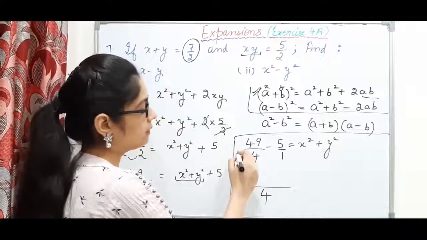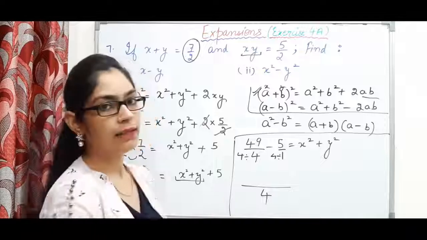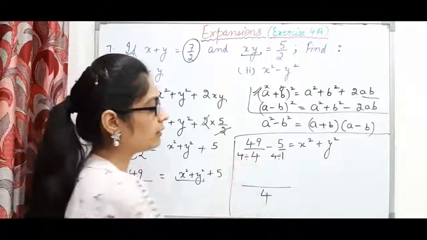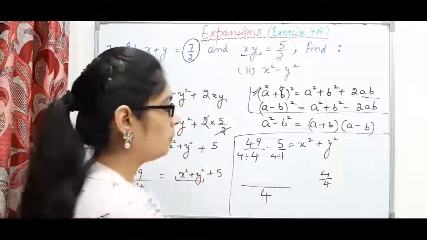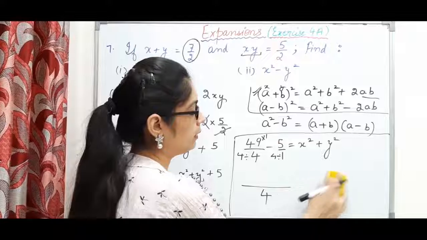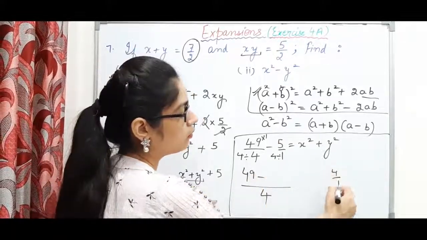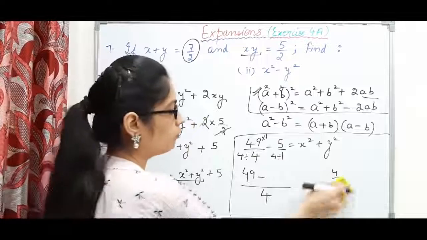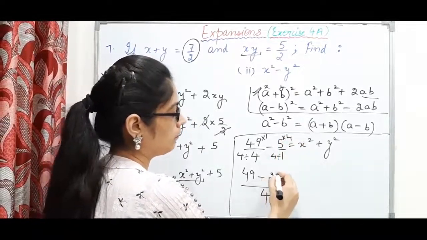After finding the LCM, you can divide the LCM by the denominators and multiply its answer with the numerator. So 4 divided by 4 is 1, and with 1 you have to multiply 49, minus 4 divided by 1. 4 divided by 1 is 4, and 4 into 5 is 20.